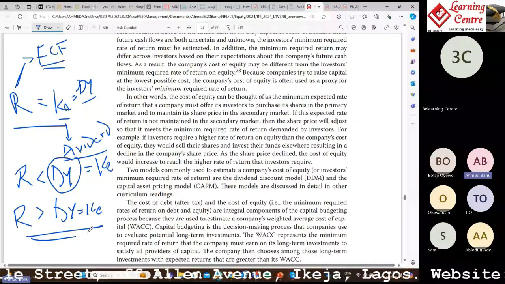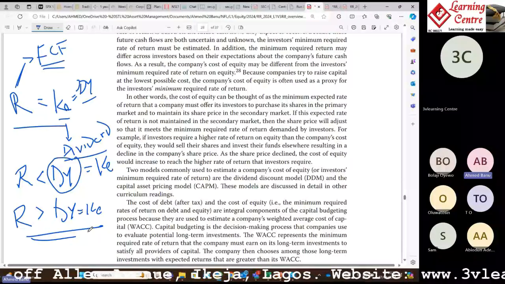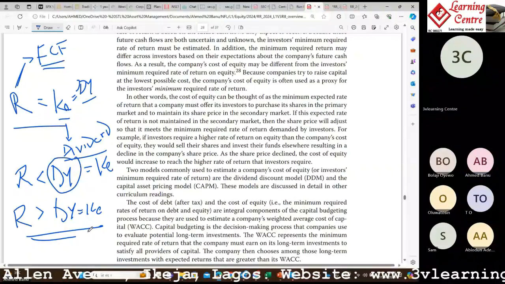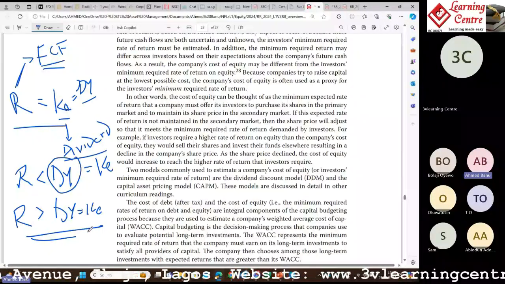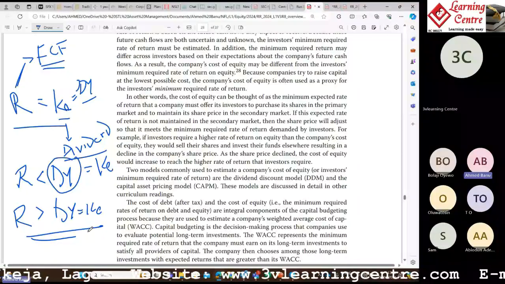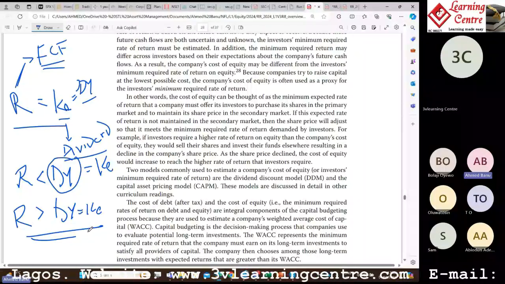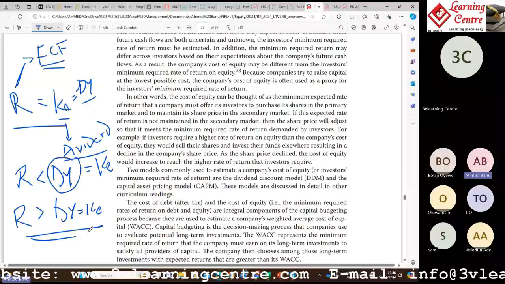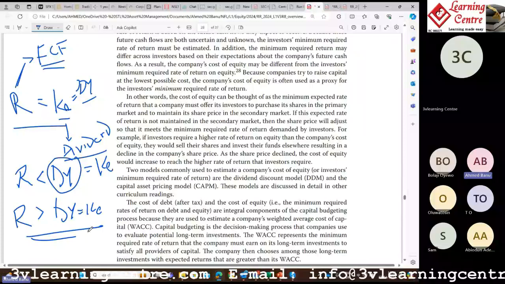But what the company needs to do is just to look for how to satisfy a selected few and believe that that selected few is the larger group, such that if I can satisfy this selected group, the price of my company will continue to rise. So I continue to deliver dividends that lead to price appreciation.